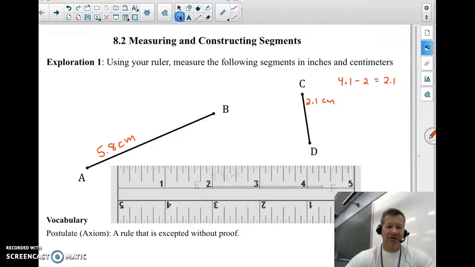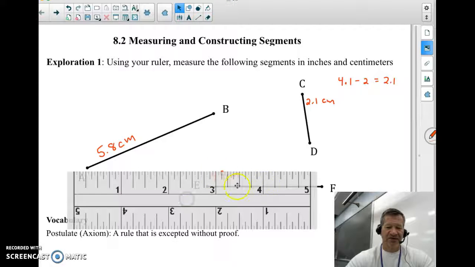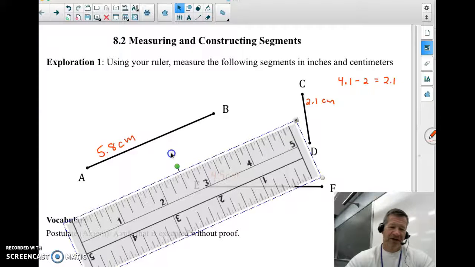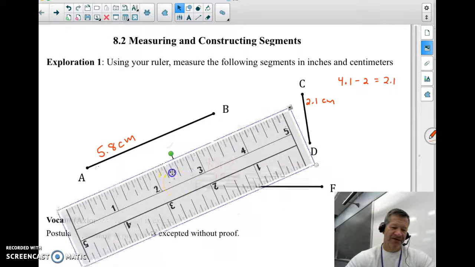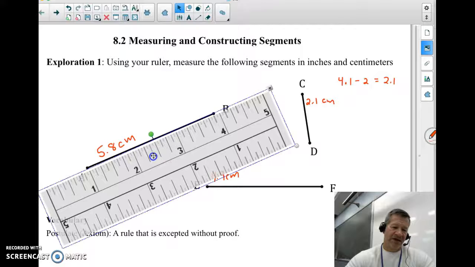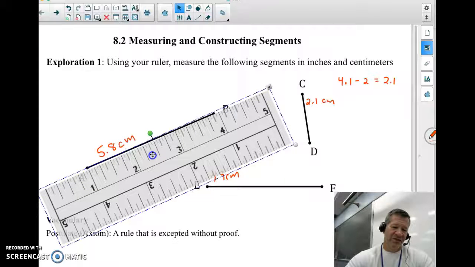All right, folks, I got me a ruler that's measured in inches now. I'm going to take this ruler now. I want to measure these in inches. Once again, let me turn this, and I won't do all of them, I'll just do a couple to speed things up. Let's say I start at 1 again. Now, rulers are different. We can say that A is at 1 and B is at 3, and unlike centimeters, these lines are not in tenths. There are not 10 parts to an inch on a ruler.